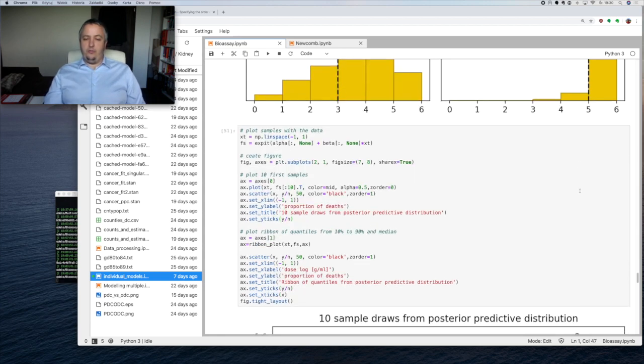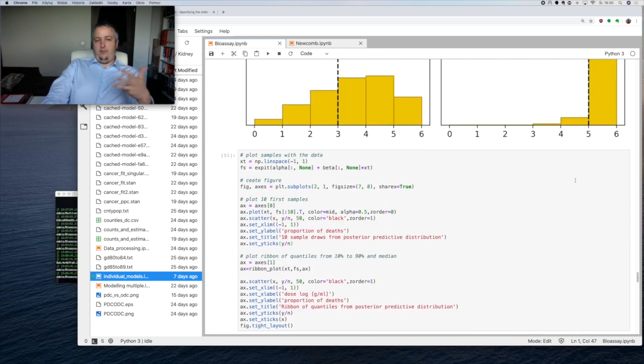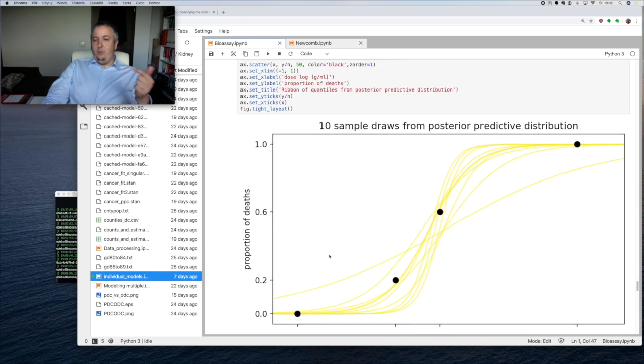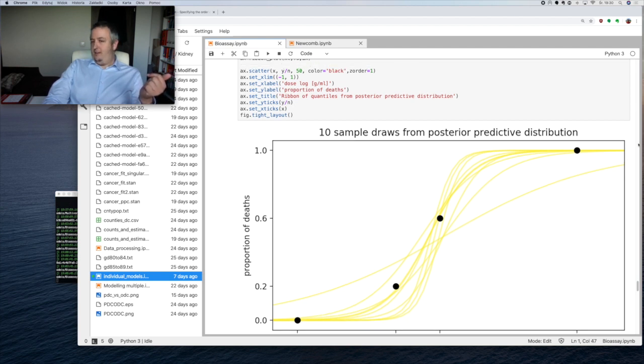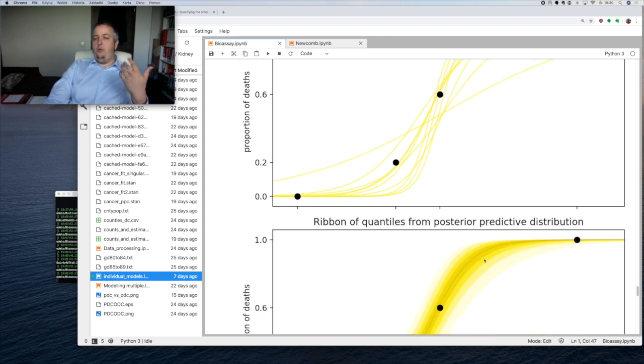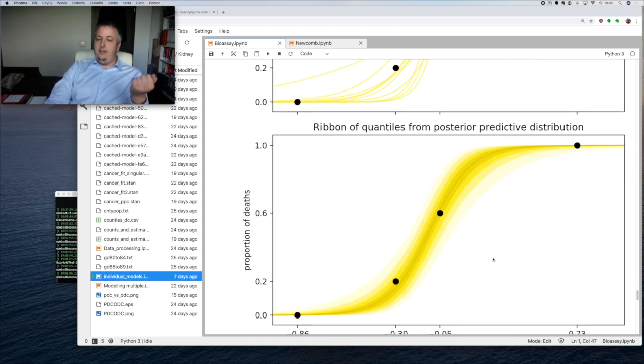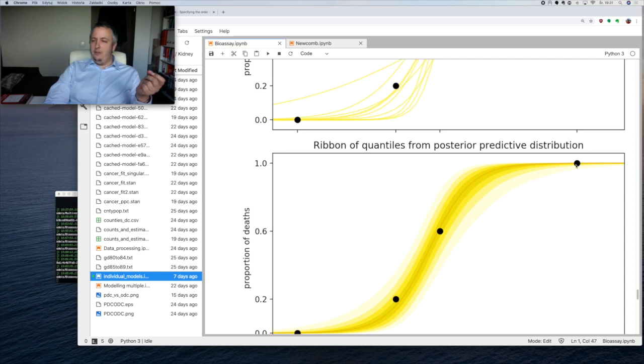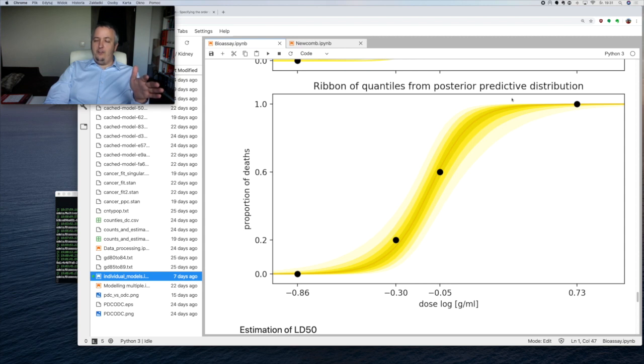And of course, we can again try to visualize the relationship between the dose and the lethality, and we can draw a few simple draws from the posterior probability distribution. You can see most of them are some kind of sigmoids. This one is, as you can see, a bit broad, but when we condense all of that into the ribbon plot, then we can observe very nicely, first of all, that our measurements are close to the median, which is a good indicator, and also all of them fit well inside the ribbon.